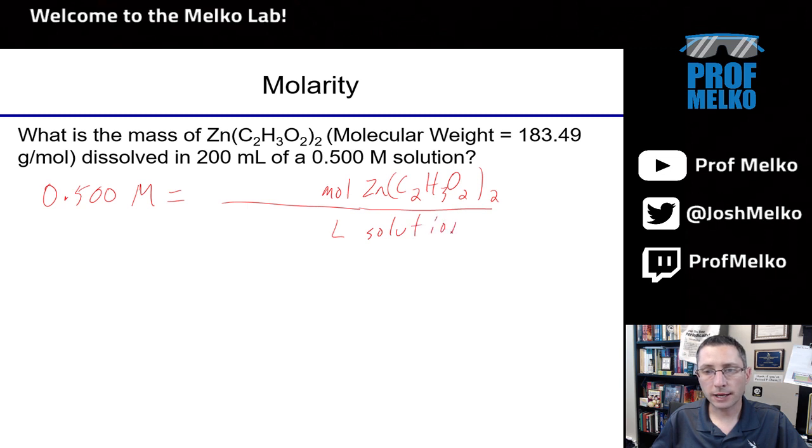So this molarity I'm given is a ratio of moles of this solute to liters of solution. Am I given one of these bits of information? Yes, I'm given 200 milliliters of solution.